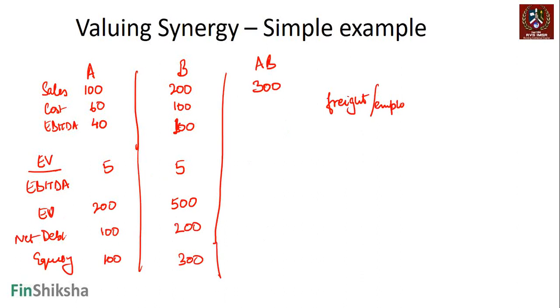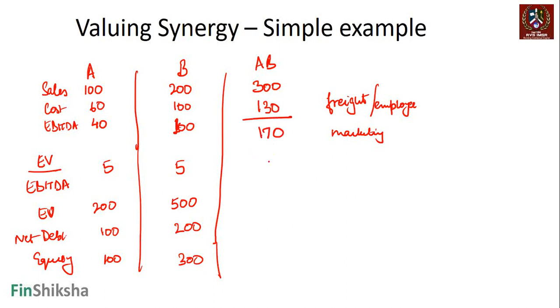Employee cost might get combined. Marketing cost would probably get combined. So what will end up happening is this will not be 160. This will probably fall to, let's say, something like 130. So what is left? 170, right? So the first thing that happens is 170 is left.